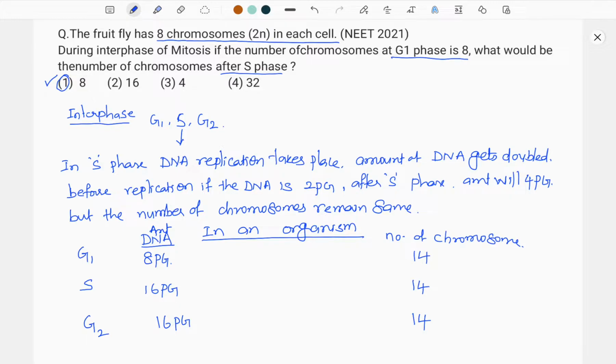So the number of chromosomes varies according to the organism, and he may ask you the number of chromosomes in G1, S, G2, as well as after karyokinesis, that is in telophase, or after cytokinesis also. This type of question is being asked very much nowadays in competitive exams. One should have good knowledge of all the phases and what happens during these phases, then only can he do well in the objective competitive exam.